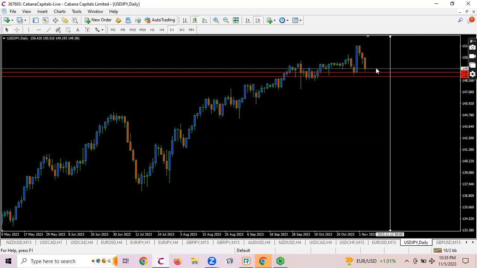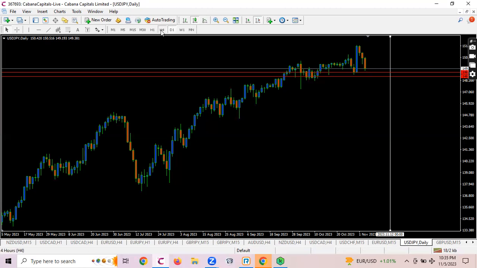I think that's the only way you can know if a breakout is false or valid. It is false if after the close of the candle below this zone, the next candle pulls back and closes above that zone. We could say that's a false breakout or fake out.